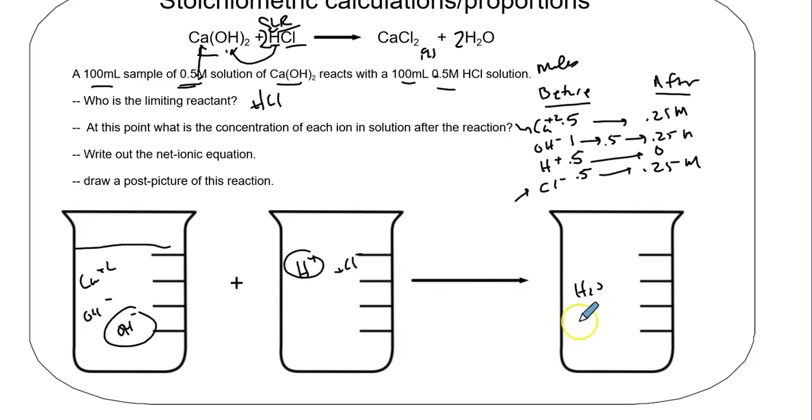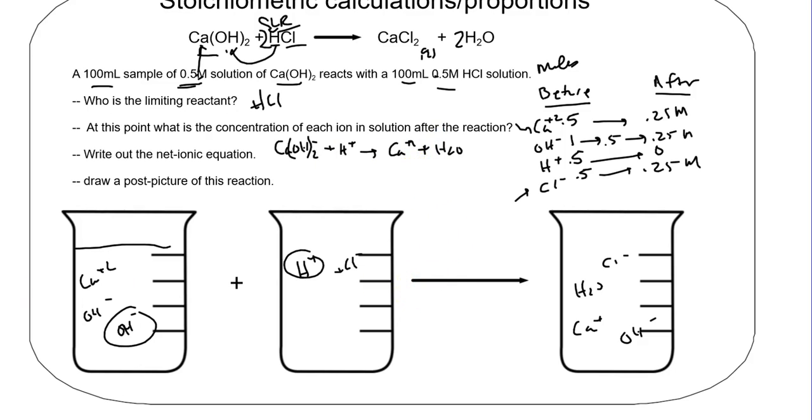I have my calcium still there, my chloride still there, my excess hydroxide still there. Notice that half of my hydroxide's gone, and that's it. Okay, that ionic is going to be calcium hydroxide plus H plus goes to calcium plus 2 plus H2O. There's maybe a few different ways you could do this, but that one's the best, I think.